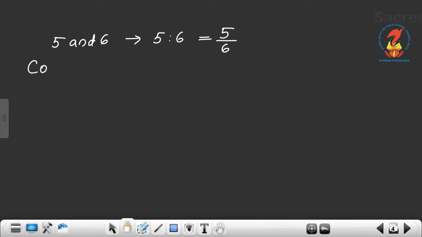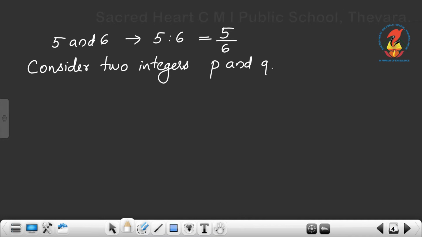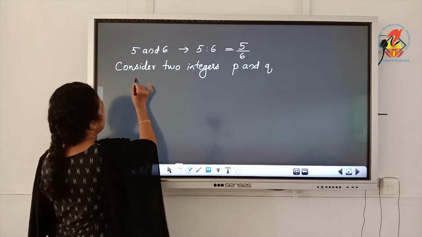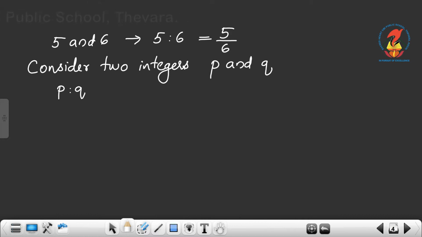Then consider two integers, say P and Q. Now, what is the ratio of P and Q? We can write it as P:Q.